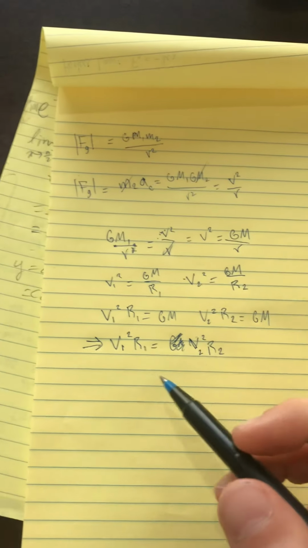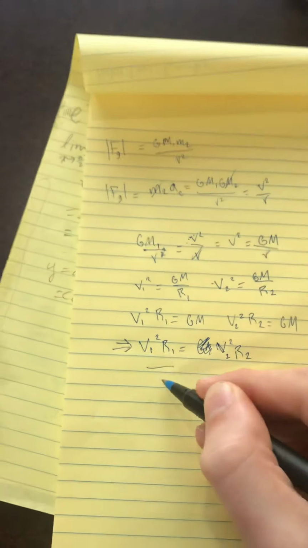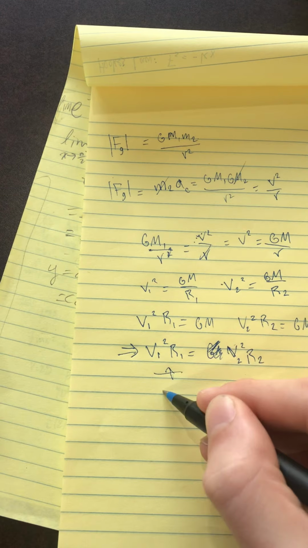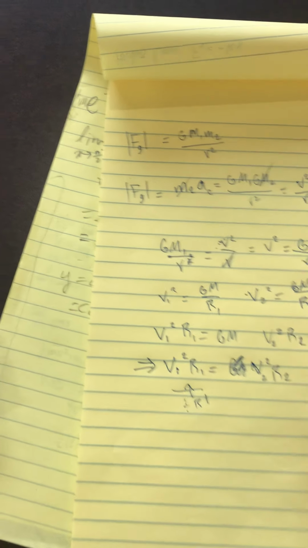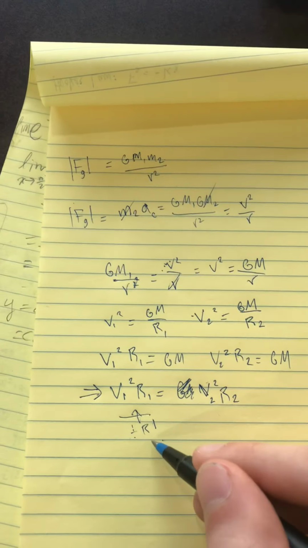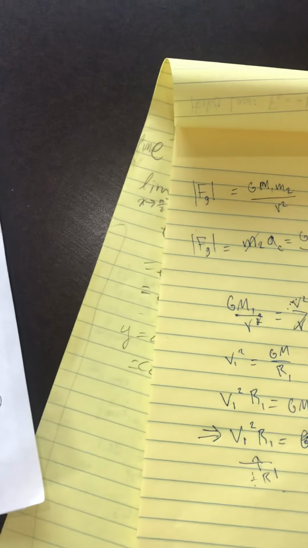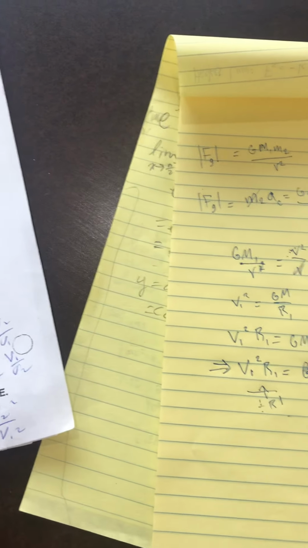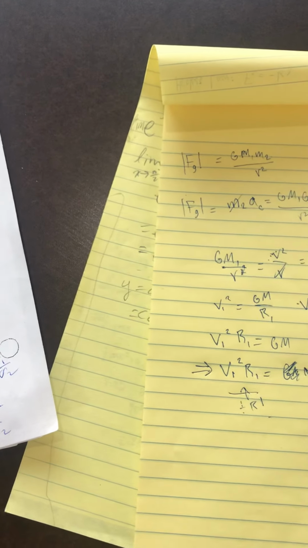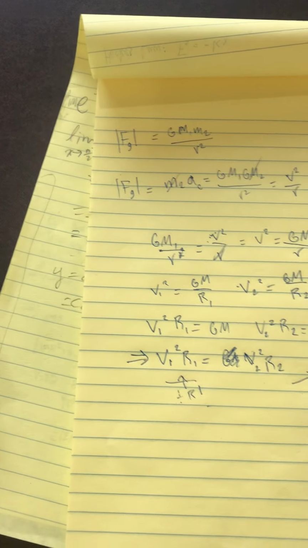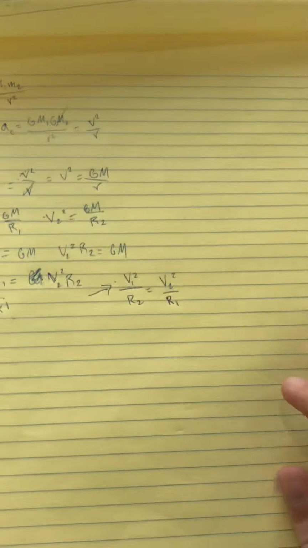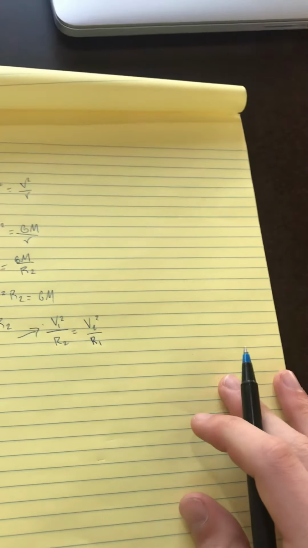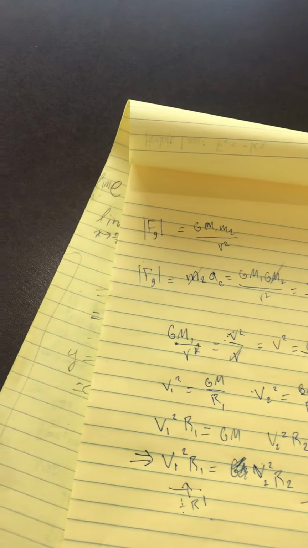So if we do that, we divide by R1 on this side, and then we're also going to divide by R2. So that's going to make it look like this. V1 squared over R2 equals V2 squared over R1.